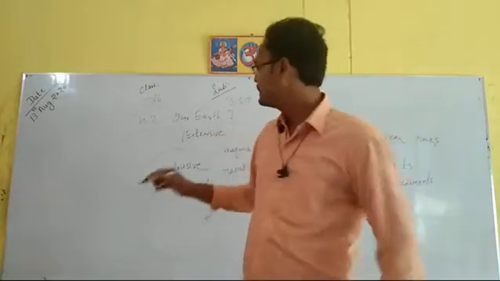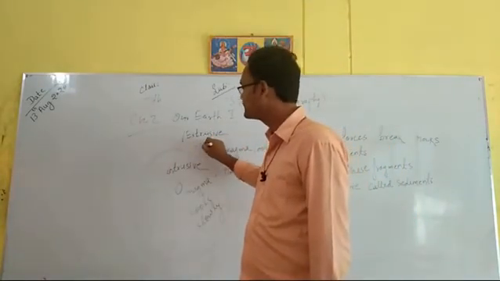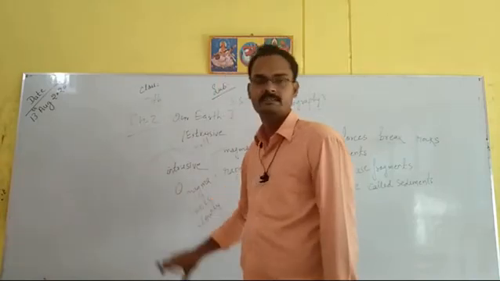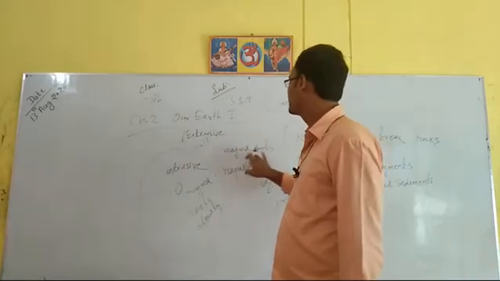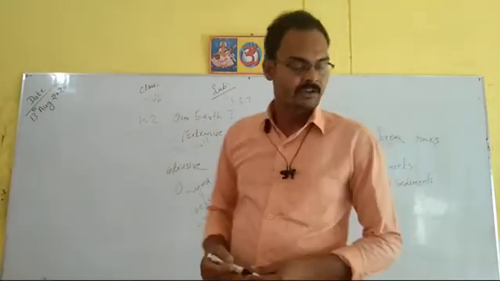So these rocks are smaller in formation, and those rocks are larger in formation, as here magma cools slowly, here magma cools rapidly.